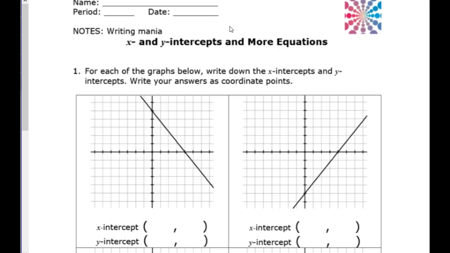So for today, everyone's got it from the front over there, and everyone has a straight edge to make straight lines. All right. Number 1, for each of the graphs below, write down the x-intercept and the y-intercept. Write your answers as coordinate points.